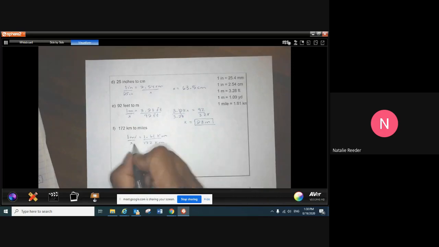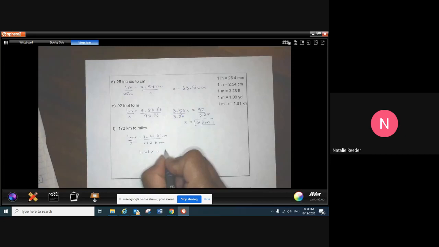When you cross multiply, x times 1.61 is 1.61x, and 1 times 172 is 172. Now you need to divide both sides by 1.61 to solve for x, and 172 divided by 1.61 is 106.8 miles. And there's your answer.